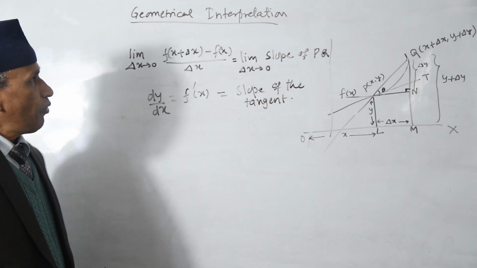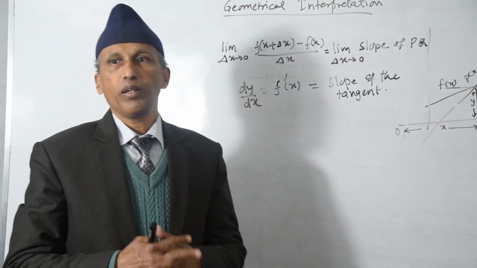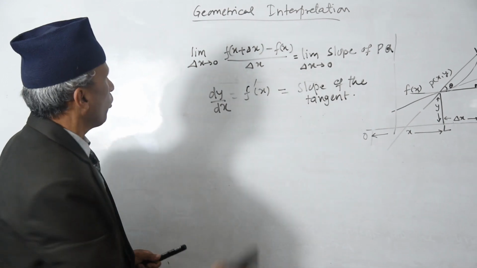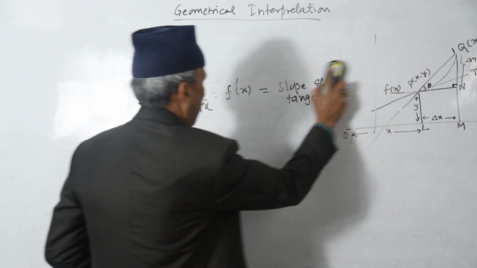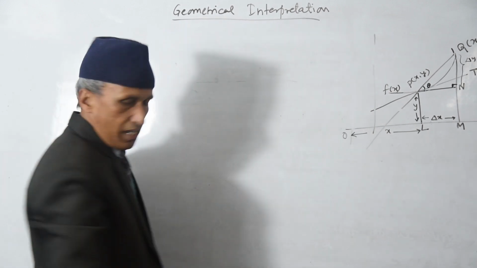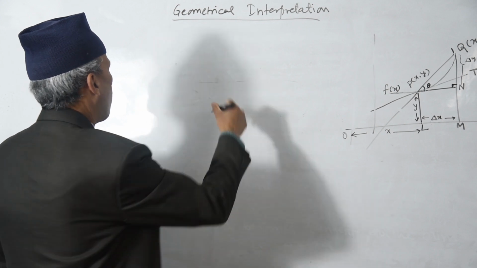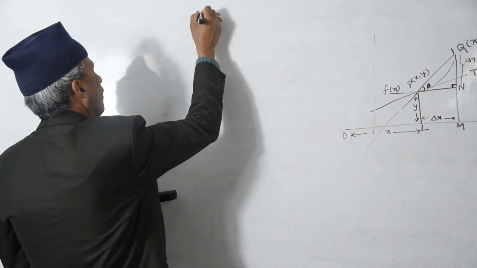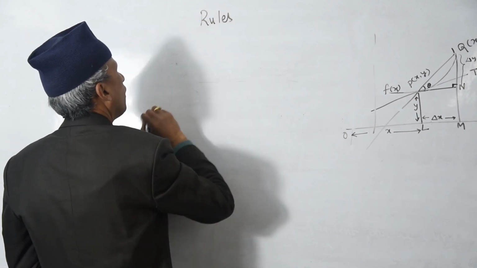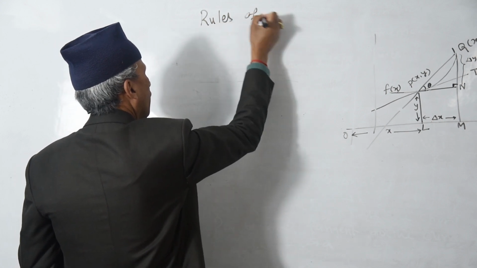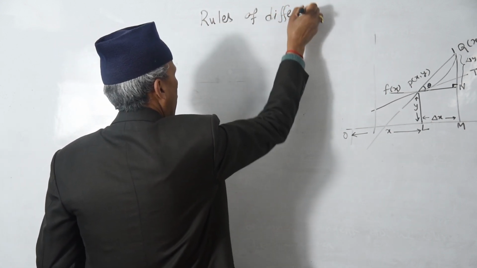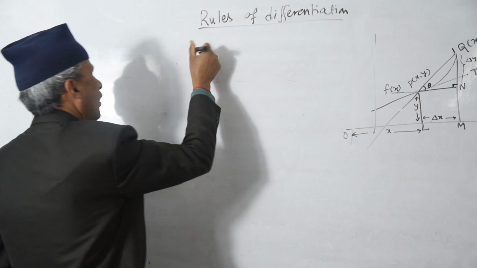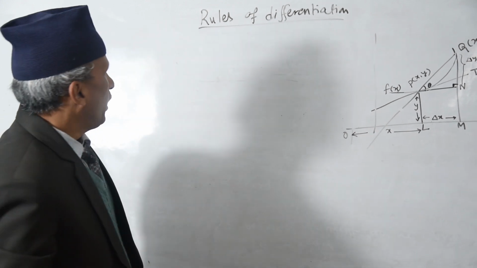Okay. Now we move to some very simple rules for differentiation. This is the geometrical meaning. Now there are some basic rules for differentiation. Rules of differentiation. First, there will be the power rule.